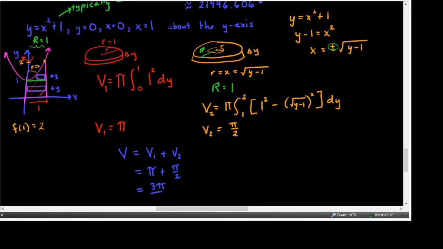Now the thing I have written above in red, that volume using an integral, actually that was kind of silly of me because that was really a square region that was being revolved. That's just creating a great big cylinder whose height is 1 and whose radius is 1.